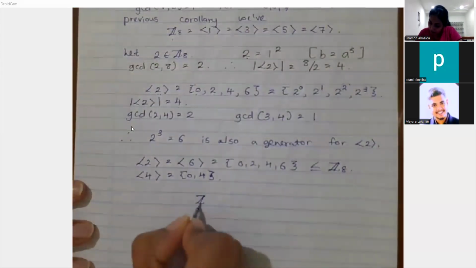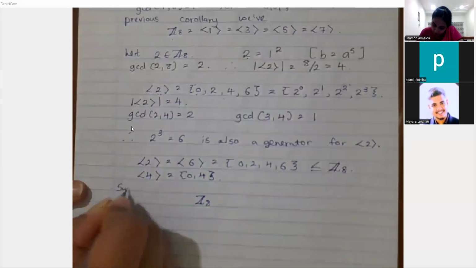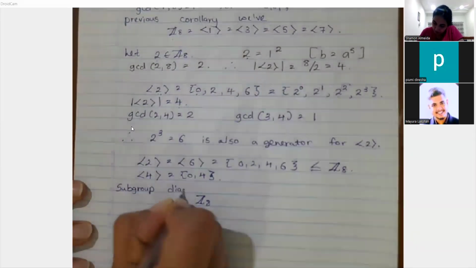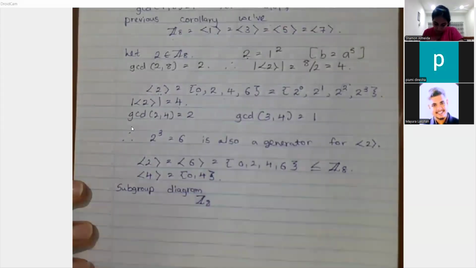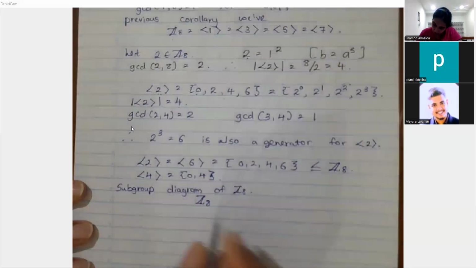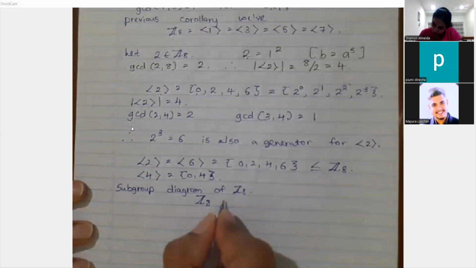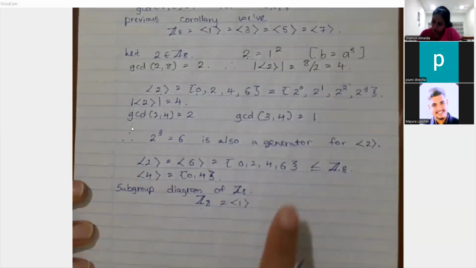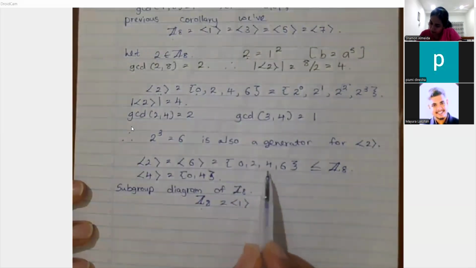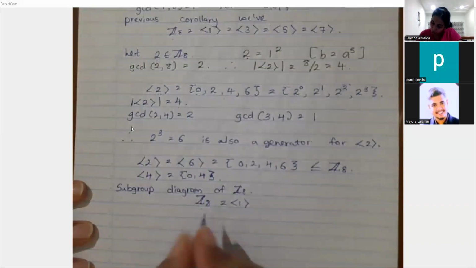And then the subgroup diagram. We start with the group, which is generated by 1, 3, 5, 7. These are the two proper subgroups.